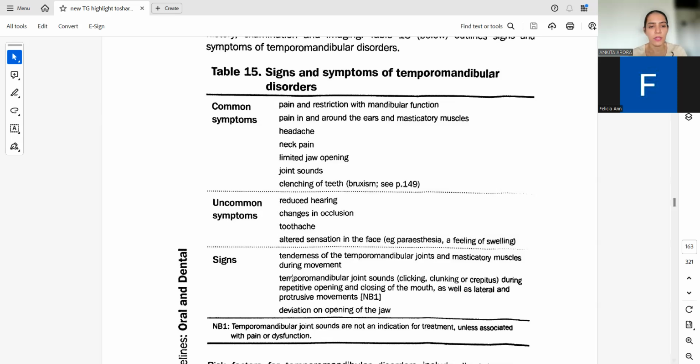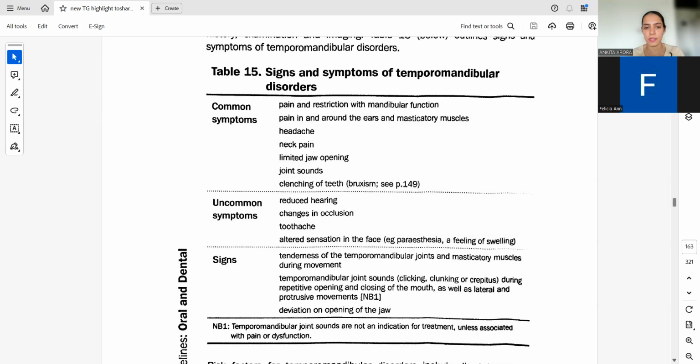Then we have signs, tenderness of the TM joints and masticatory muscles during movement. Temporomandibular joint sounds, clicking, clunking, or crepitus during repetitive opening and closing of the mouth, as well as lateral and protrusive movements. So symptoms are what the patient experiences and signs which can be elicited by the dentist.